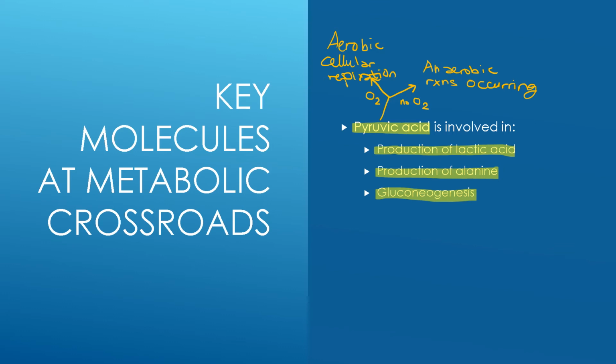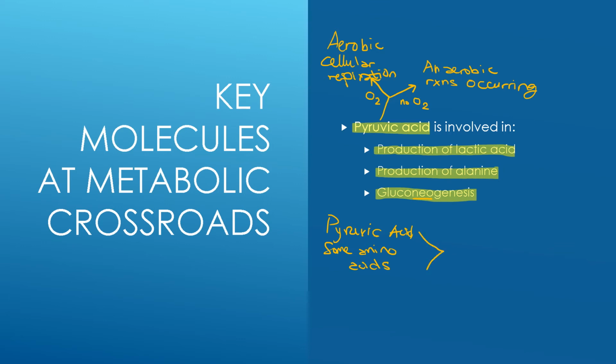So remember, gluconeogenesis is the production of glucose from non-carbohydrate sources. So pyruvic acid and then some amino acids. Amino acids are non-carbohydrate sources.